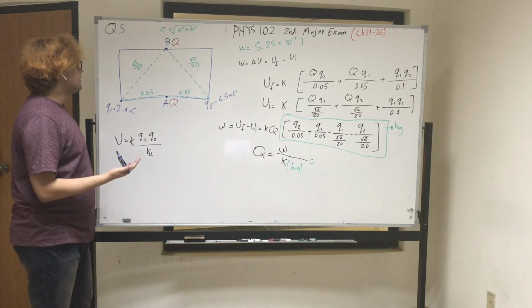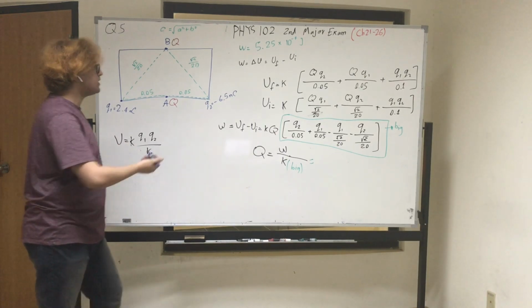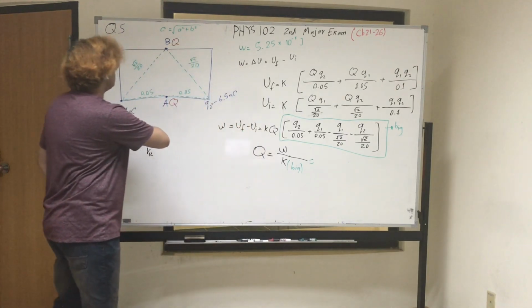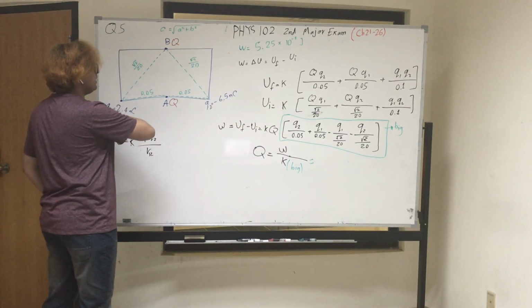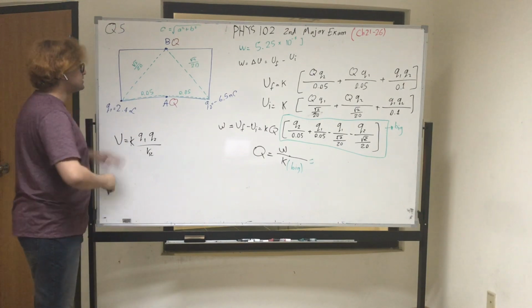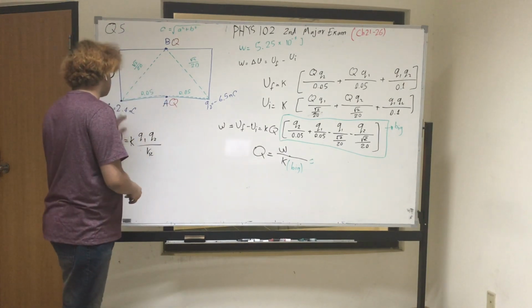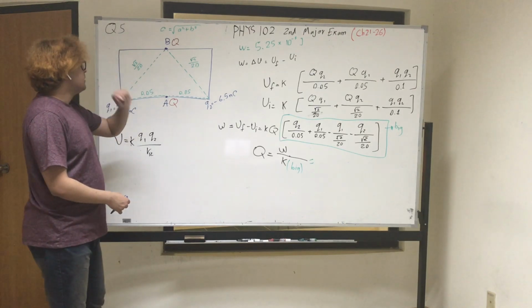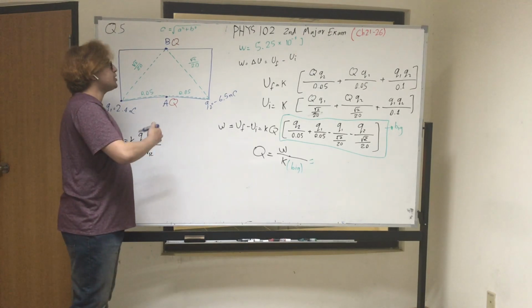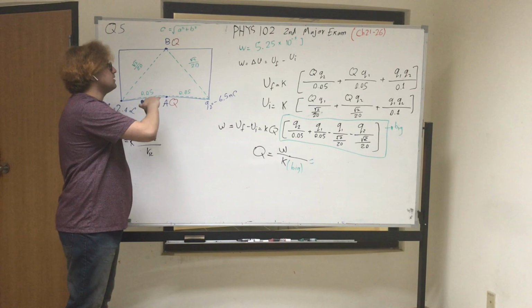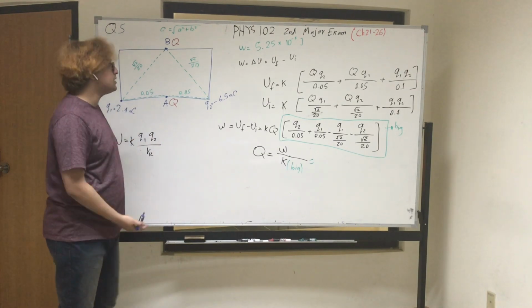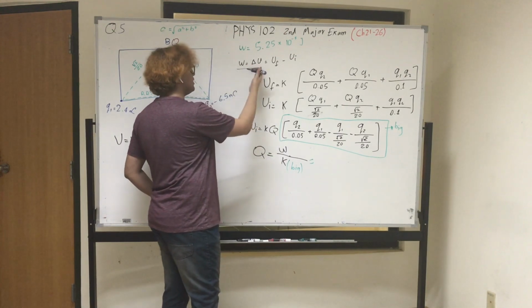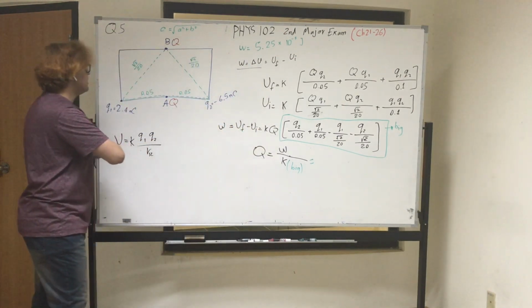So we know that the work is equal to the change in potential energy. If we have some electric system, like charges Q1, Q2, and Q capital, and we want to do work on the system by an external agent, then the applied work is going to be equal to the change in potential energy.